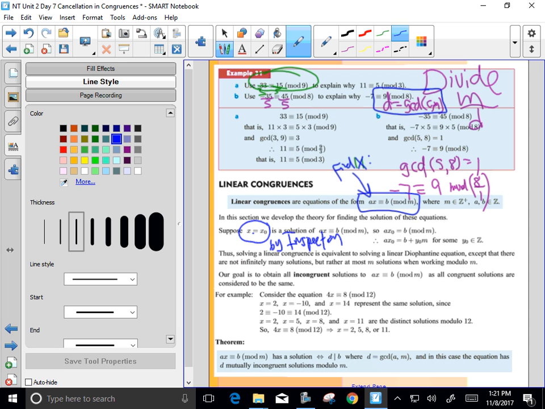And then if you have this division situation, for example, 4x congruent to 8 mod 12, what can we divide both of these by? The GCD of 4 and 12 is 4, not 3.